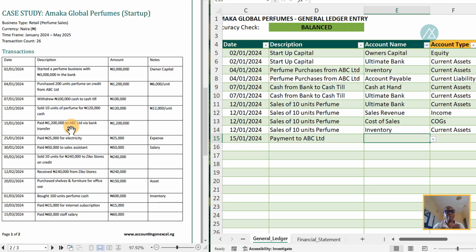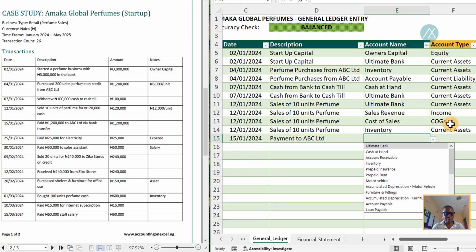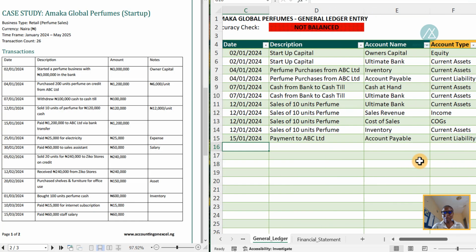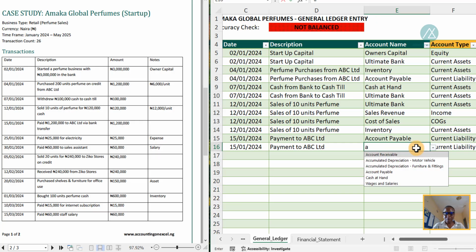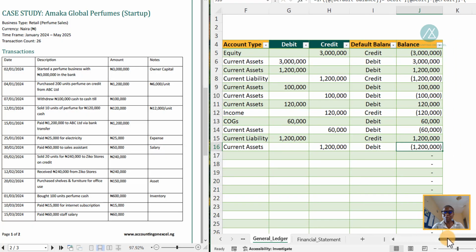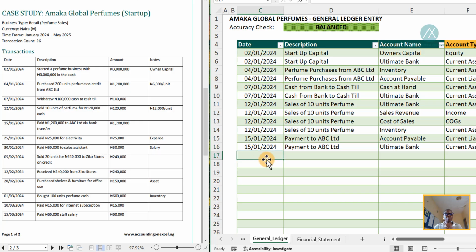So money is leaving our bank, and the account payable will clear it, right? So account payable is what we'll first select because it's debit. So account payable is debit. So the next account is the money that is leaving the account, so ultimate bank, 1,200. Good. So that is it for that transaction.